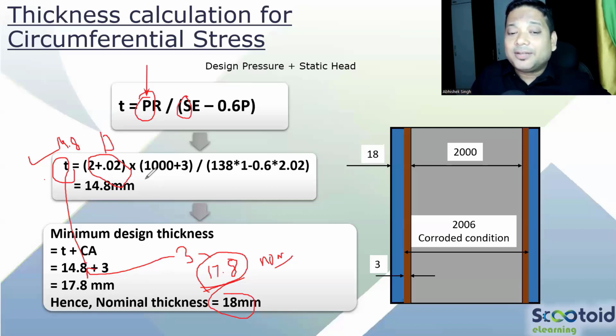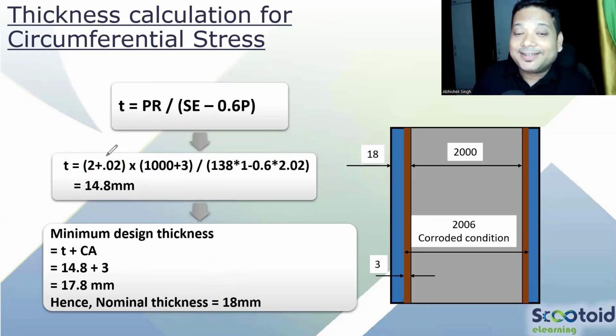All the other values, allowable stress and radius, are exactly the same. Don't you think that P will be 2.02? You just calculated T by using all these values. Now I'm just asking you to calculate P by using that 14.8.